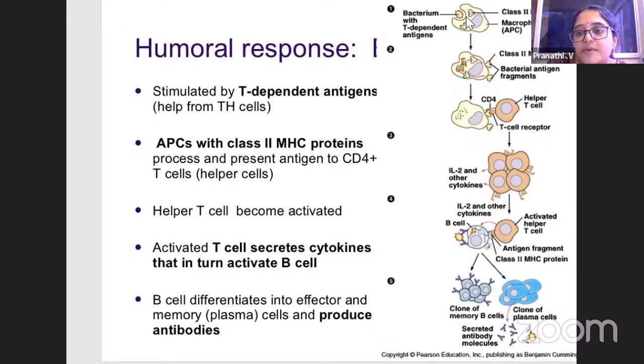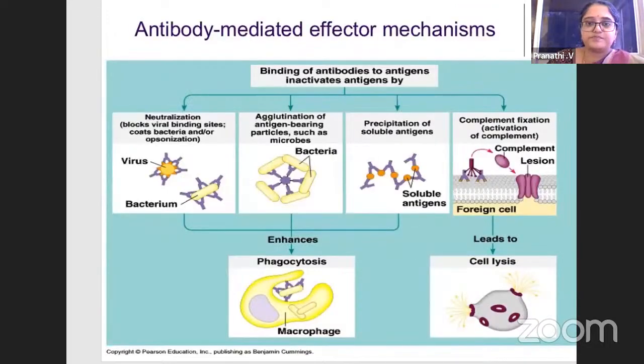So class 2 protein is present, and to that you have your bacterial antigen fragments. This is when your CD4 cells come into place, and with this particular complex being formed, other cytokines and interleukins come into action, and this causes the antigen to be fragmented. And what is going to happen is your complete immune response will be triggered.